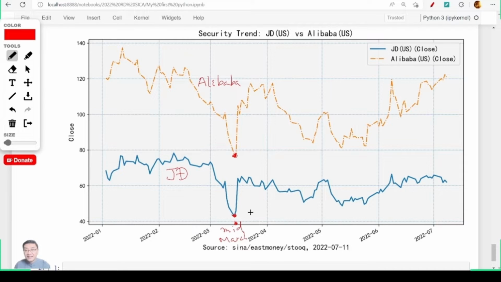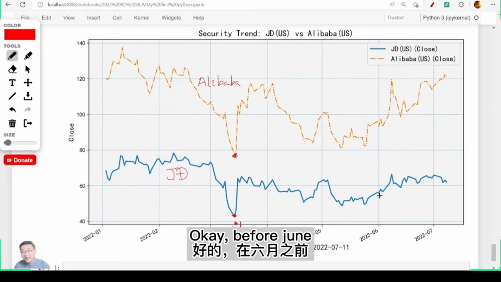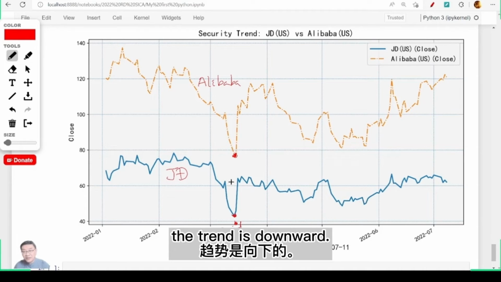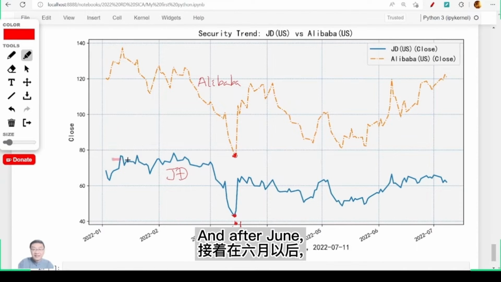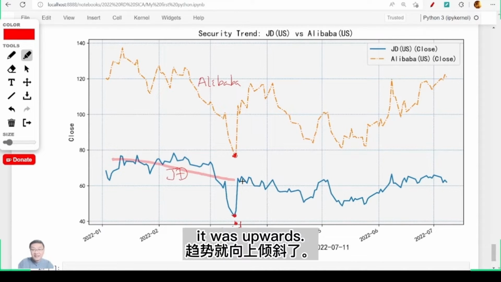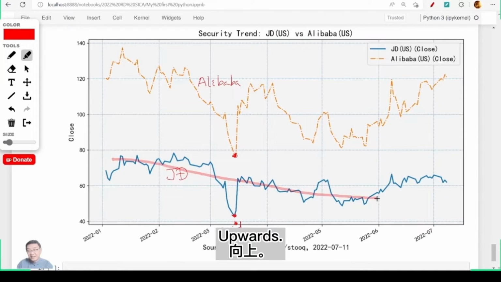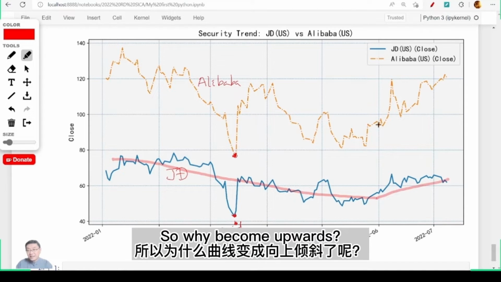Before June, the trend is downward. Okay, before June, the trend is downward. And after June, it goes upwards. Upwards. So why does it become upwards?